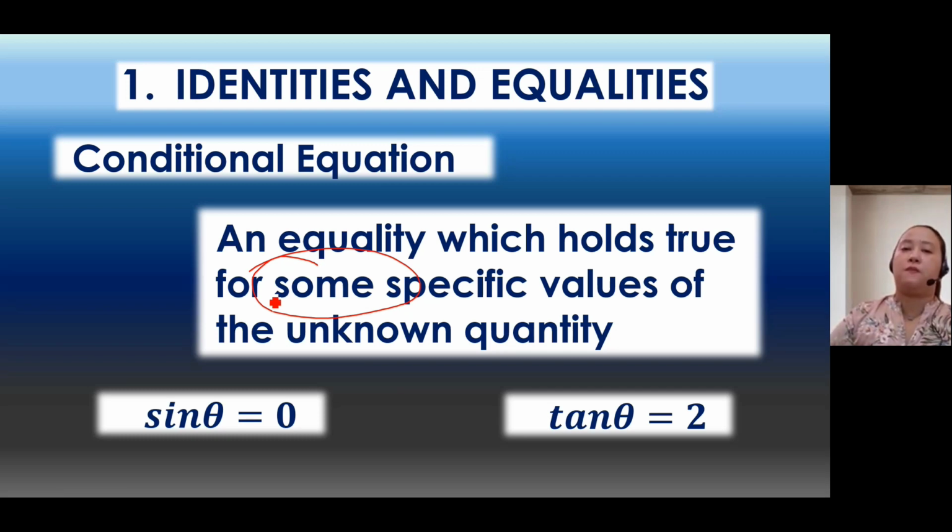But in an identity, whatever value you use, it will still be equal at the end. For conditional, there are values in which the left would be equal to the right, and possibly not. Then we have tangent theta equals 2. Okay, so let us have the first example.